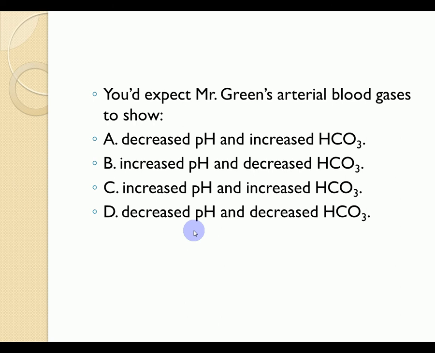You'd expect Mr. Green's arterial blood gases to show: A, a decreased pH and increased bicarb; B, an increased pH and a decreased bicarb; C, an increased pH and an increased bicarb; or D, a decreased pH and a decreased bicarb.